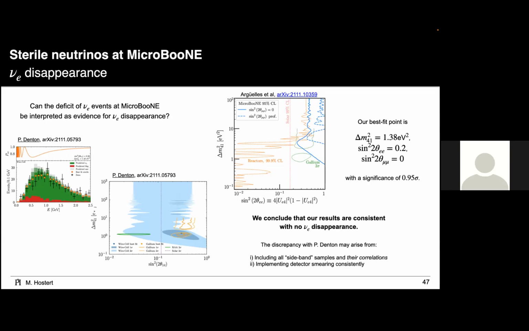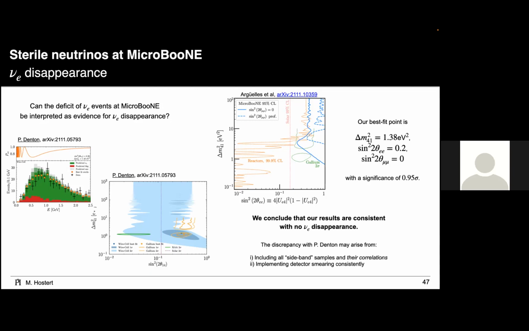What you're seeing there, for example, is our curve in the electron disappearance mixing angle. And at the confidence level of 95%, there is no closed contour. I believe this is a 95% confidence level region here. It might be 1 and 2 sigma, I have to check. But clearly, at 2 sigma and 95% confidence level, we see no closed contours.